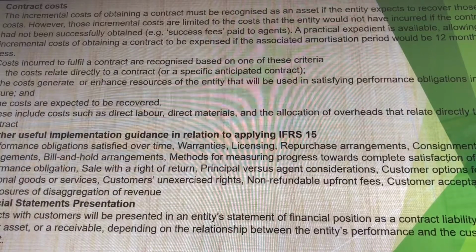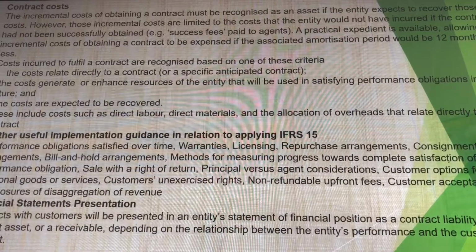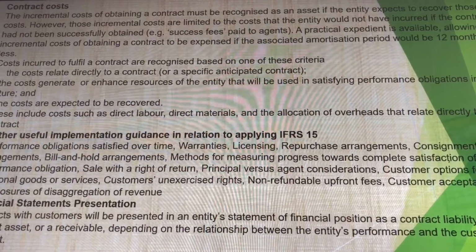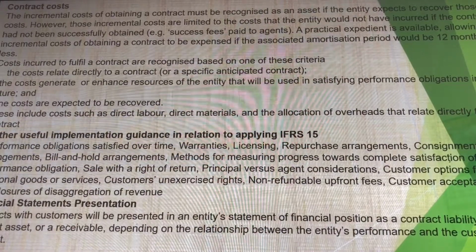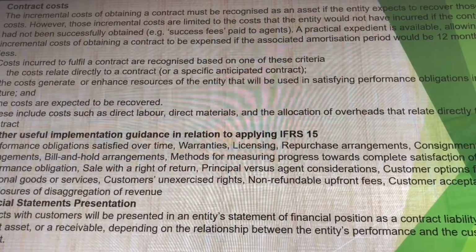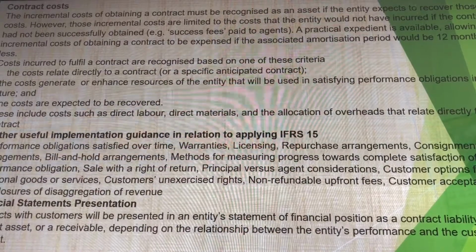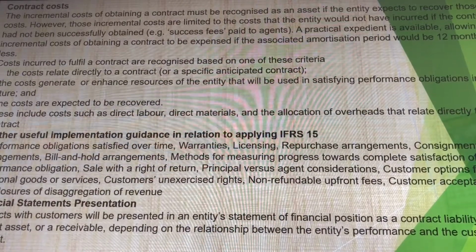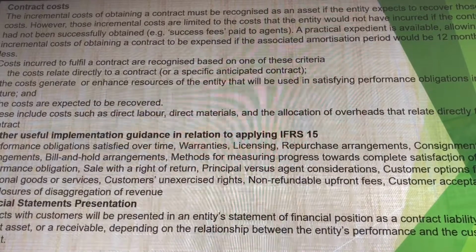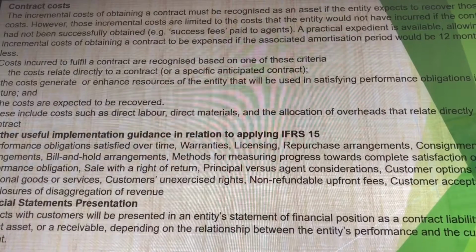The costs incurred to fulfill a contract are recognized based on these criteria. Number 1, the costs relate directly to a contract. Number 2, the costs are expected to be recovered. And number 3, the costs generate or enhance resources of the entity that will be used in satisfying performance obligations.